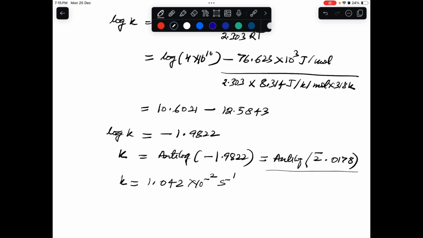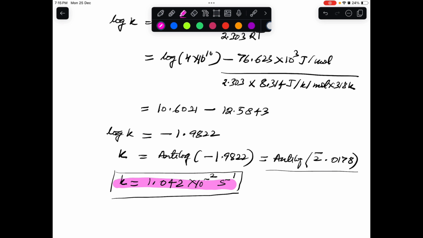This is the value of K, our answer for the second part, that is the value of K at 318 Kelvin.